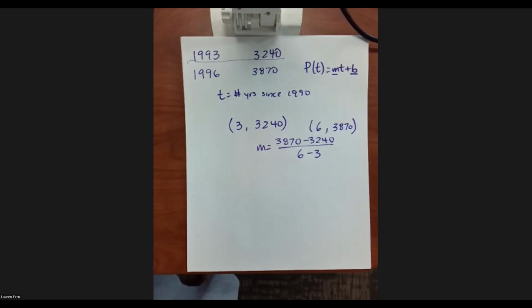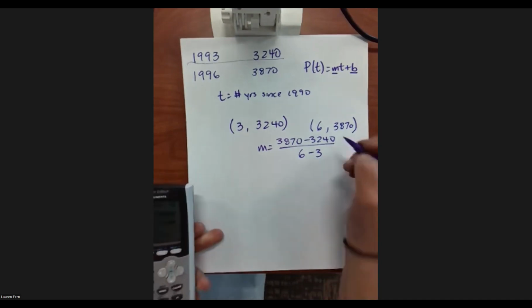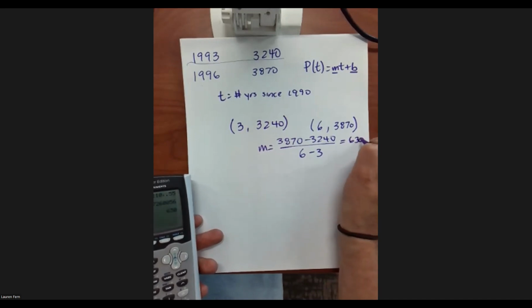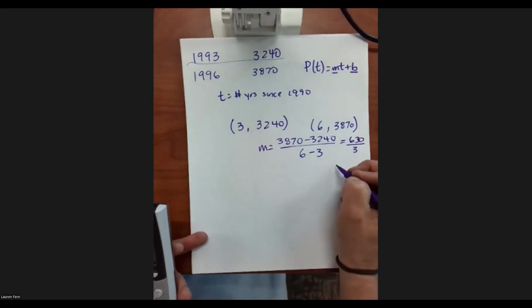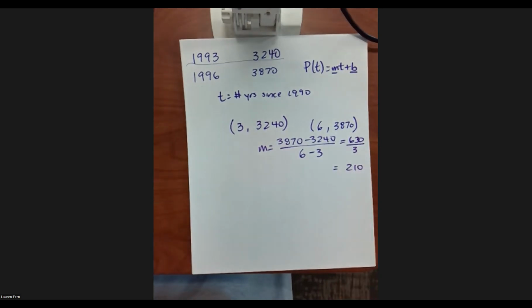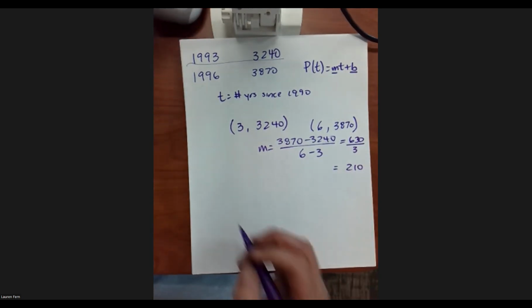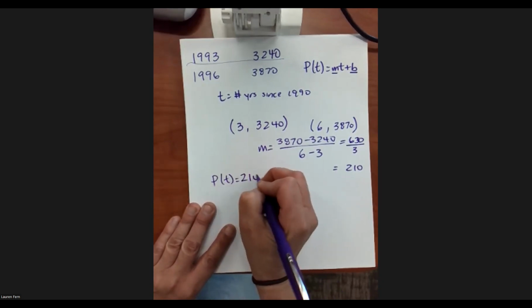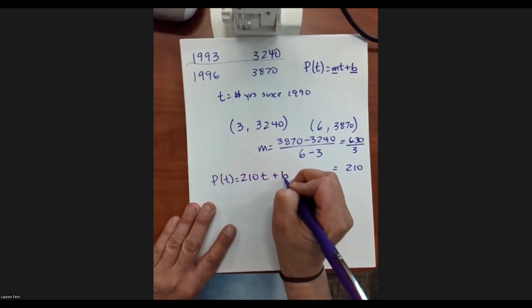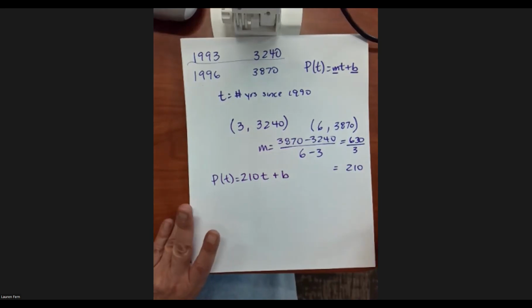All right, so 3870 minus 3240 is 630 over 3. So we get M to be 210. So now we've gotten this far. You with me there?